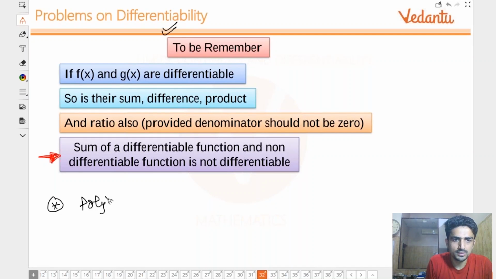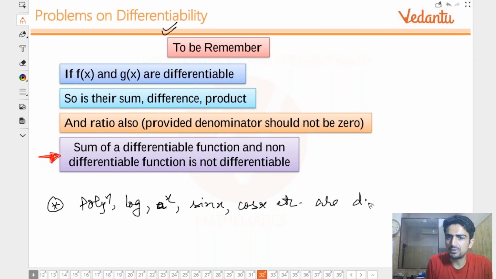Polynomials, log, exponential, sine, cos, etc. are differentiable because they all are smooth functions. We know their graphs are smooth.